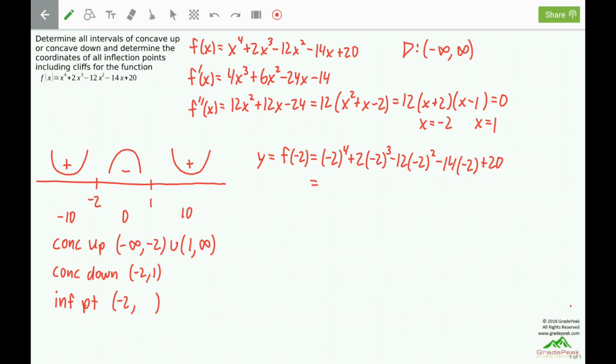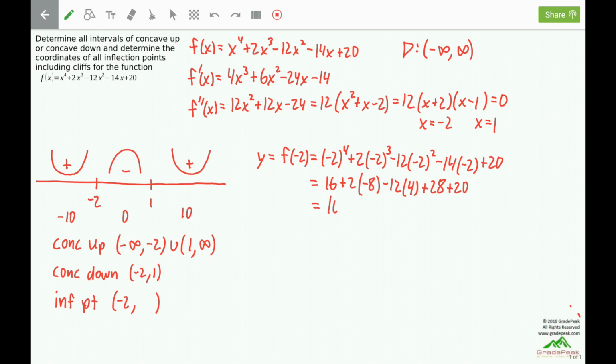A negative to the 4th, because it's an even power, will be positive. 2 to the 4th is a 16. Plus 2 times a negative to an odd power is negative, and 2 cubed is an 8. Minus 12 times negative 2 squared is a positive 4. A minus 14 times a negative 2 is a positive 28. And then plus 20.